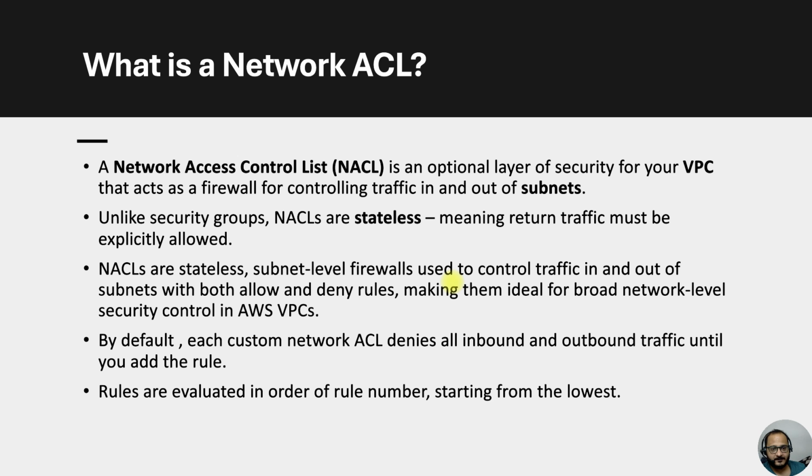And one more thing: in network access control, the traffic rules which we define work on a numerical basis. Suppose you have specified a rule at 100 and allowed the traffic on port 80, and you have created another rule at 200. The 100 level rule will have the most priority.